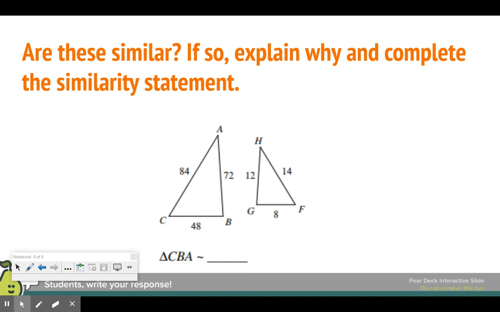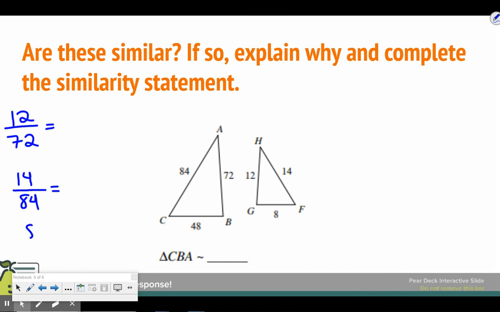Next, we have to try all of the sides here to make sure that they are proportional to each other. The first time it might just take some guessing to know what sides match up with what sides. I'm going to say 12 over 72 looks like it would match up, 14 over 84, and then 8 over 48.